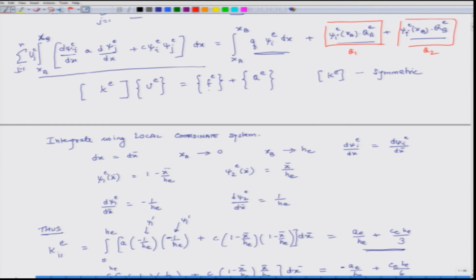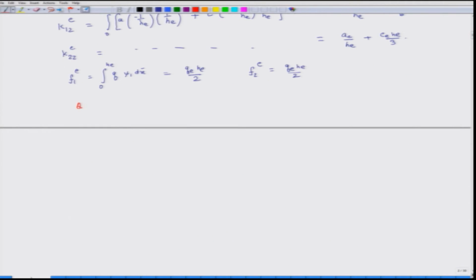In the second equation, this term associated with QA is 0, and this term associated with the second equation is 1 or QB. So, Q1 is equal to QA and Q2 is equal to QB.